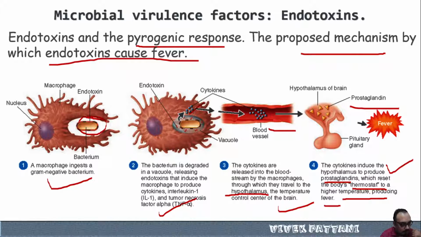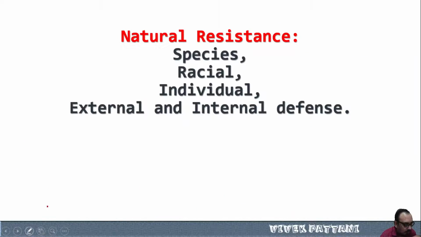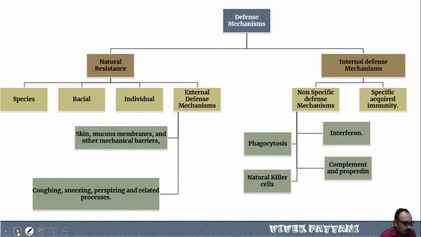So now moving forward with the next topic of today's lecture, which is a very short one, which includes natural resistance: racial, individual, and internal and external defense mechanisms. This is just a chart of the defense mechanisms, which includes natural and internal defense mechanisms.